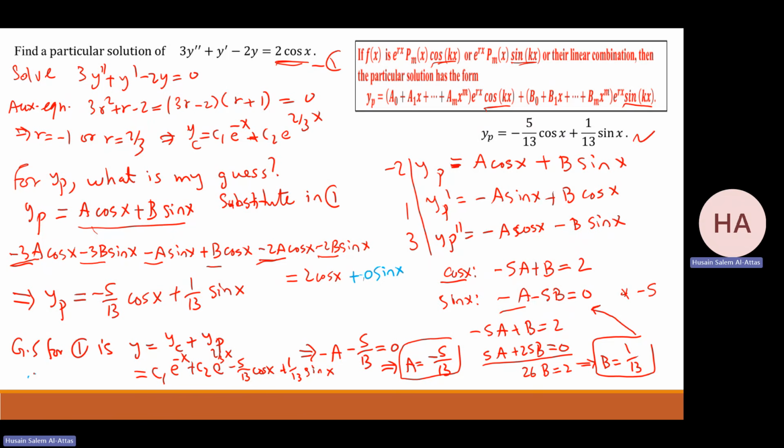This is my yp, which is the same as this. Now, is that mainly the undetermined coefficient? No. We need to be careful.